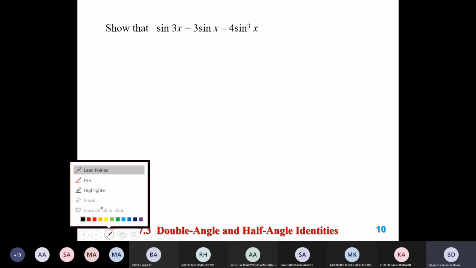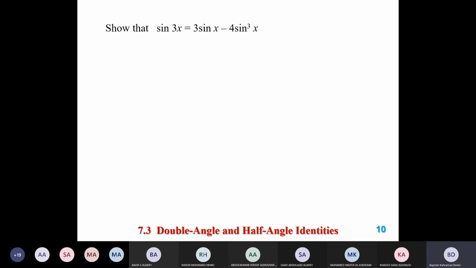So this is again another famous question about sine of 3x. Shabab, sine of 3x, we are going to write it as sine of 2x plus x, right? So which is sine of 2x cosine x, plus cosine of 2x sine x.